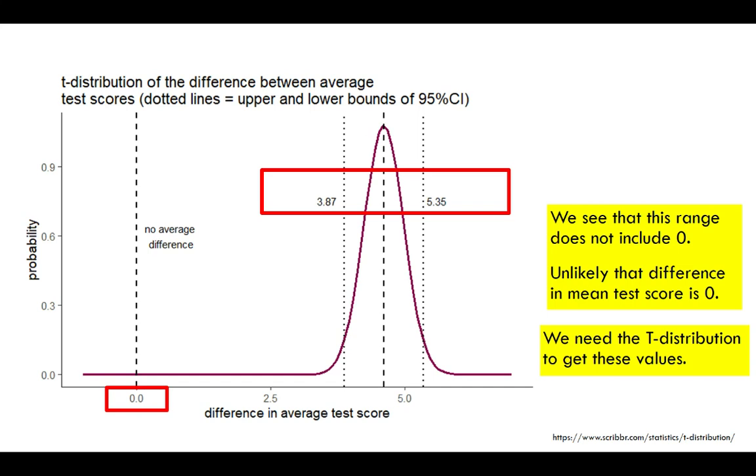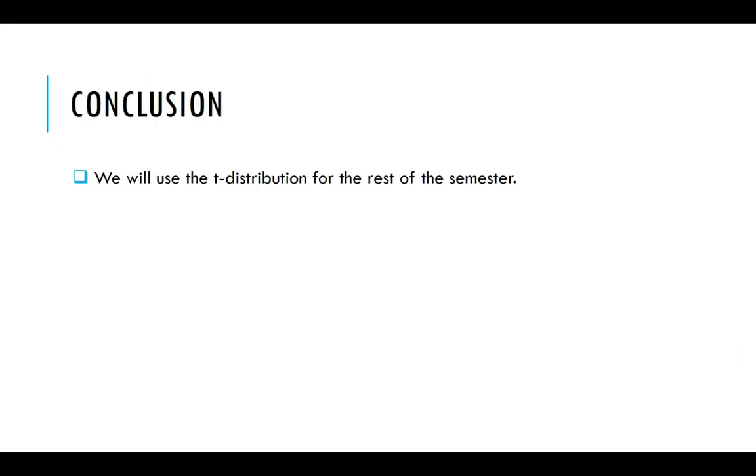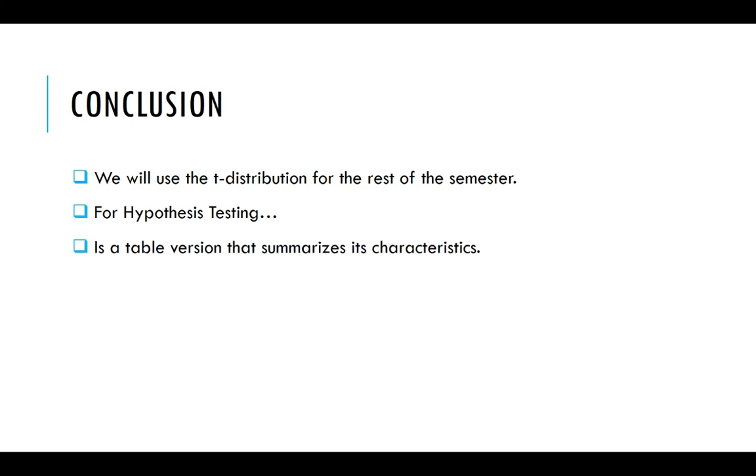If this is a little fuzzy, as I said, don't stress, because we're going to make this more concrete. So as I said, we're going to use the t-distribution for the rest of the semester. We're going to use it for hypothesis testing, and that will be an important part of the rest of the class. Now, there's a table version that summarizes the t-distribution and its characteristics, and we're going to learn how to use this table version.